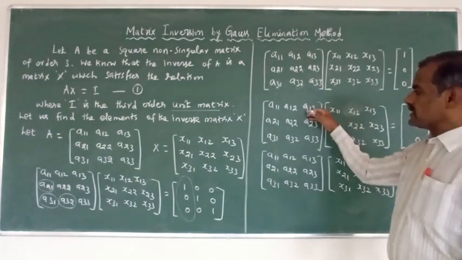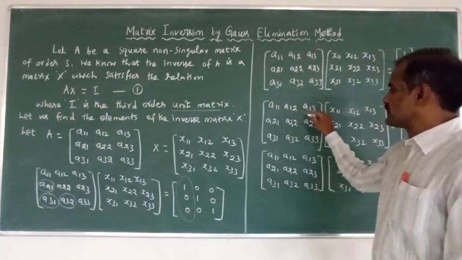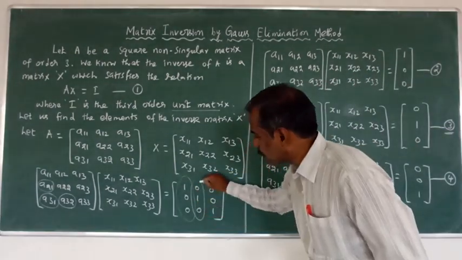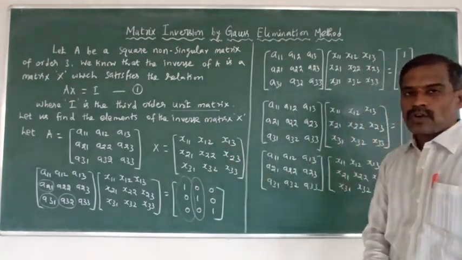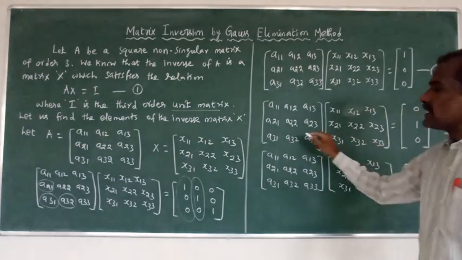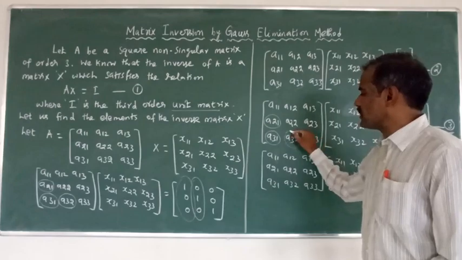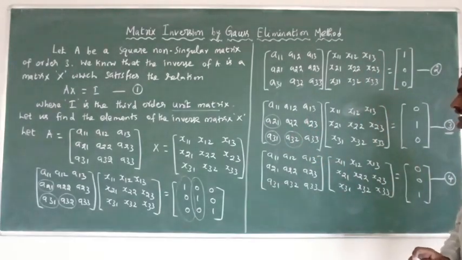The same for equation 3: this is for A and this is for X, and we take the second column of I, which is 0, 1, 0. A21, A31 and A32 are already zero.